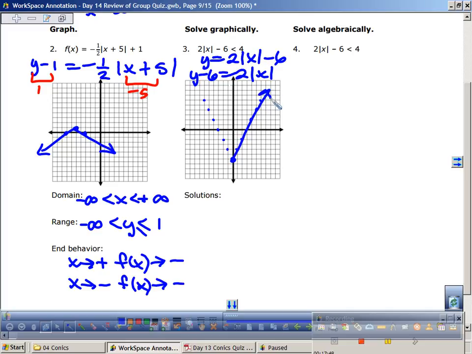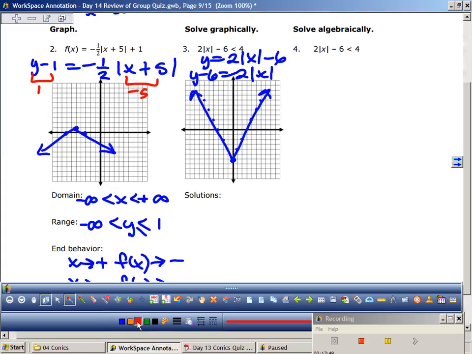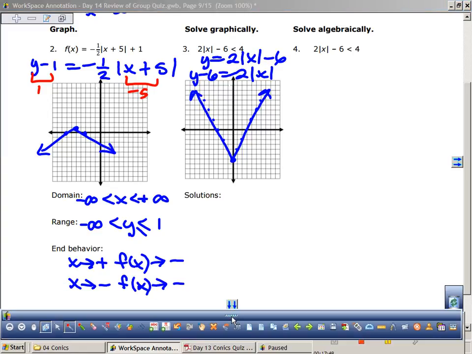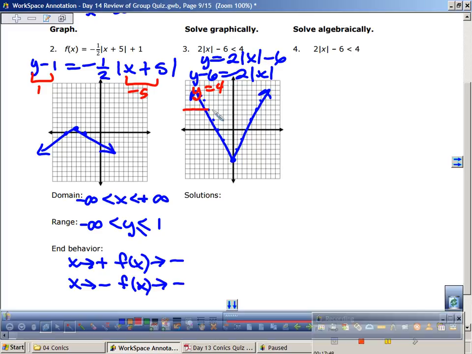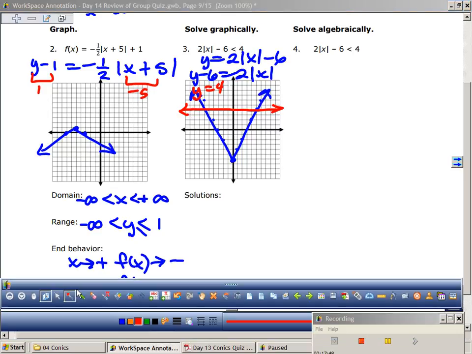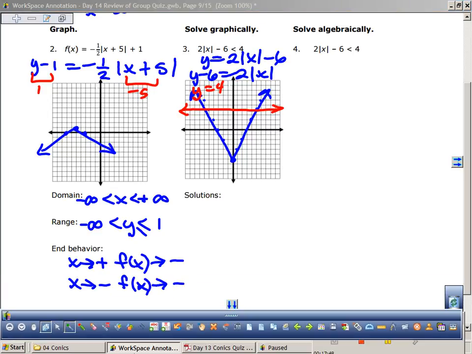So there's that. This one is just y equals 4. So I go up 1, 2, 3, 4. The intersection of the two is right here, which is at 5 and negative 5.